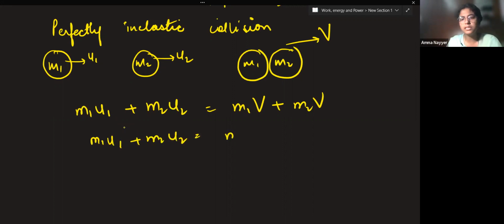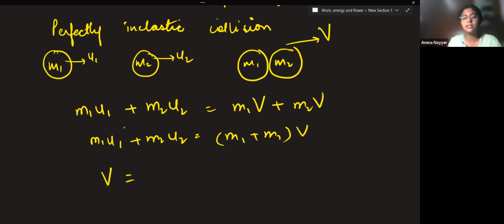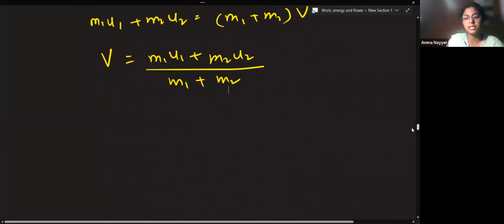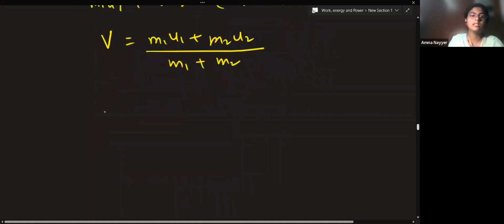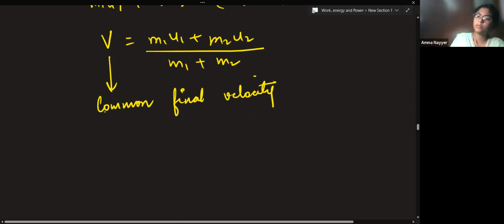That means m1 plus m2 into capital V. So what is the common final velocity? m1u1 plus m2u2 divided by m1 plus m2. Fine, this is the final velocity. This is known as common final velocity, with which both the bodies are moving.